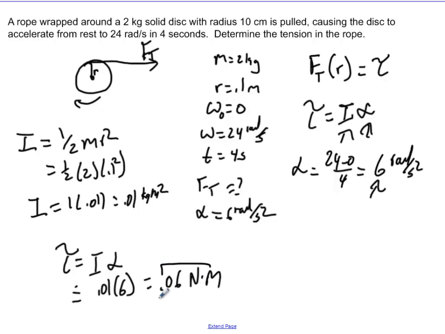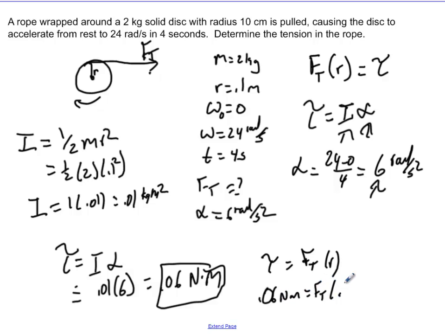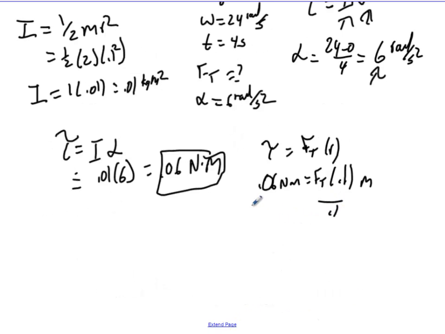Now this is not my answer, this is the torque. I want the tension. So now I have torque equals force times R. So I have 0.06 Newton meters is equal to the tension times 0.1 meters, right? That's the radius. Divide both sides by 0.1, and I get that the tension in the rope is 0.6 newtons.